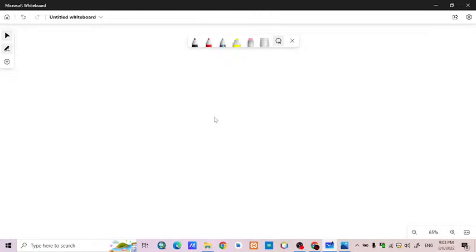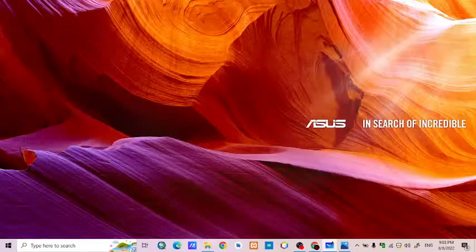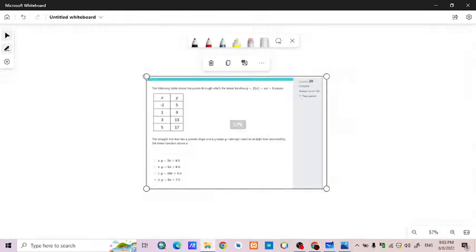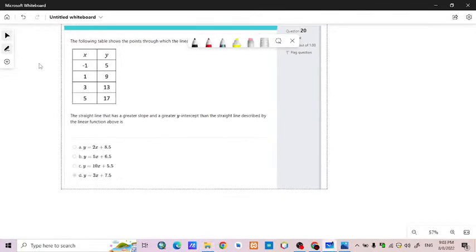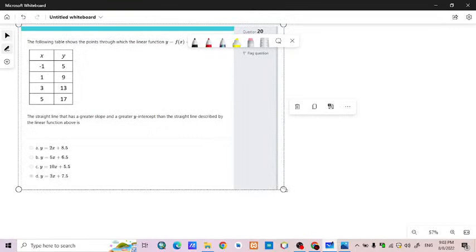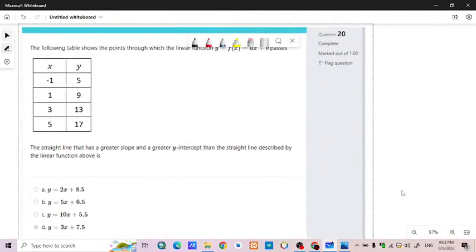So okay, so far so good. So let's move on to question number 20. Let's see, question 20. Okay, I'm gonna put it here. But this one, if you were able to do the last one, I don't think you'll have any problems with this one.